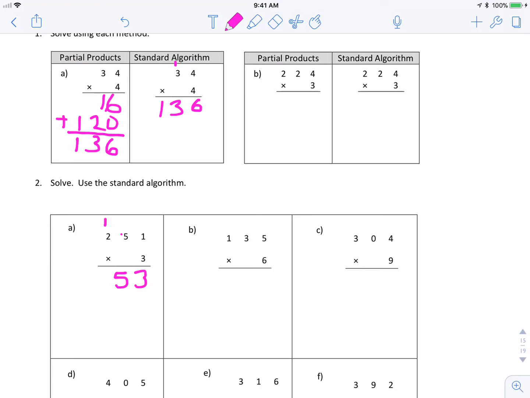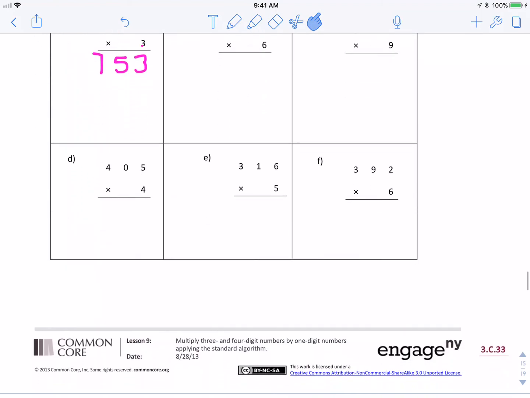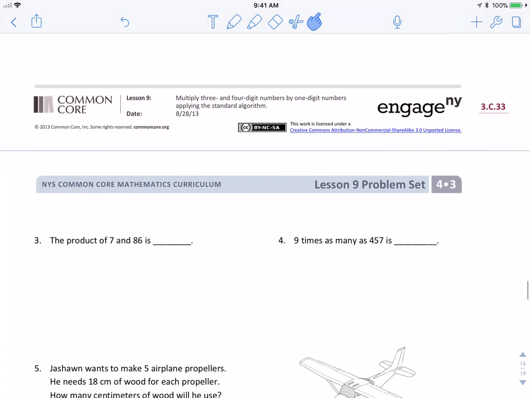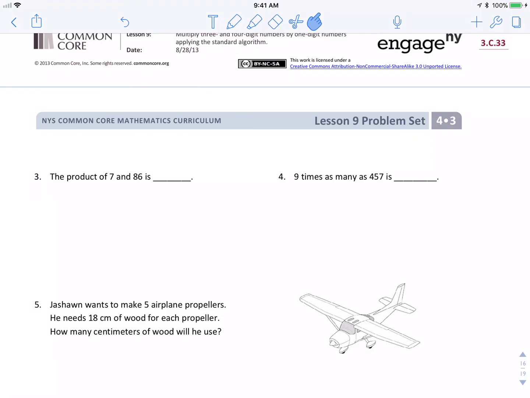This time you carry the 1. 3 times 2 is 6. 6 plus 1 is 7. Okay. Go ahead, do the rest on your own. Looks fairly easy. Remember, when you're talking about product, you're talking about the answer to a multiplication problem.